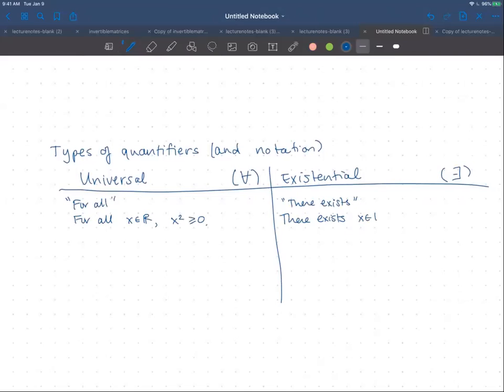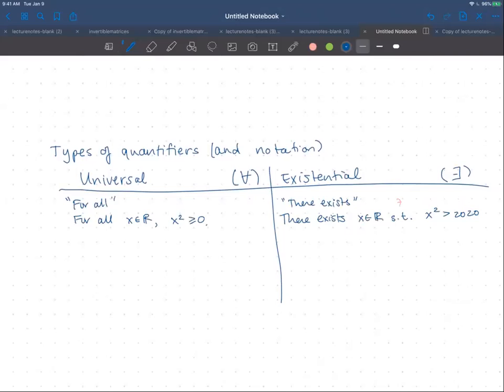I might say there exists x in R such that, and I use ST as my such that. There's another thing you can use which looks like a little backwards symbol. Anyway, there exists x in R such that x squared is greater than 2020. I don't know what it is off the top of my head, but I'm pretty sure it's out there.